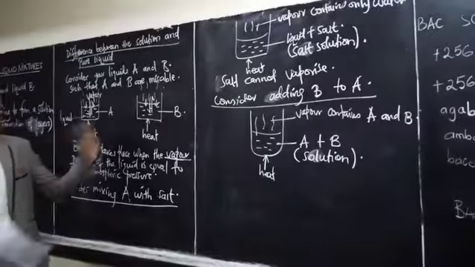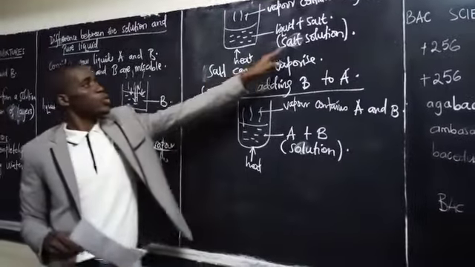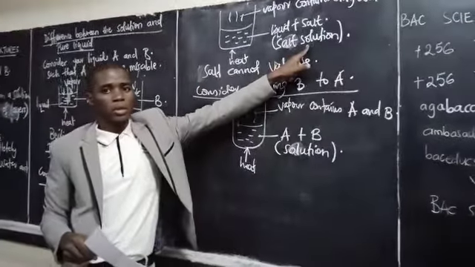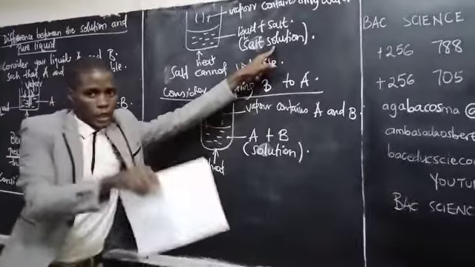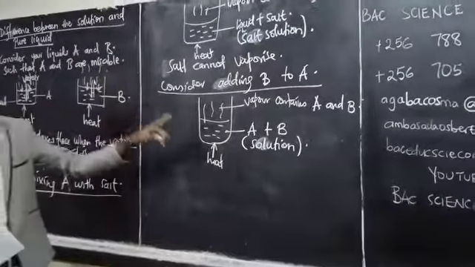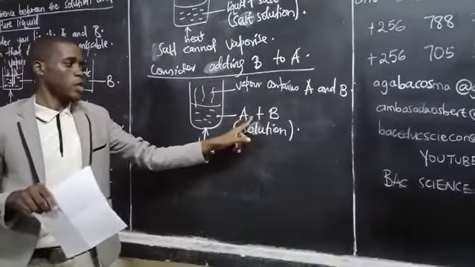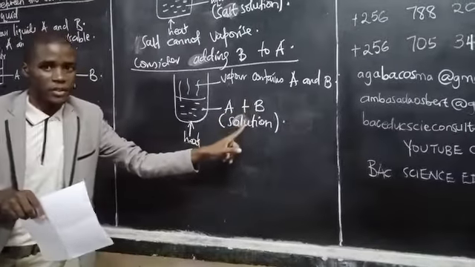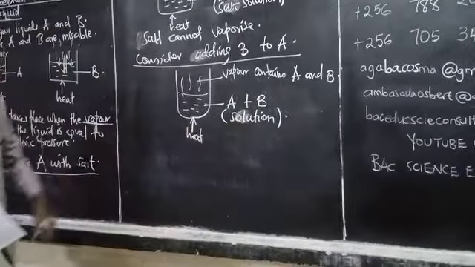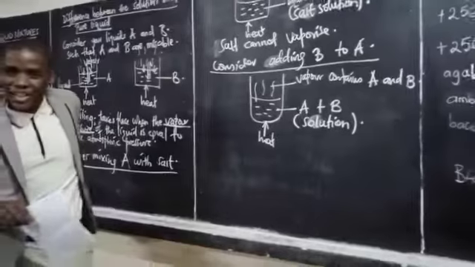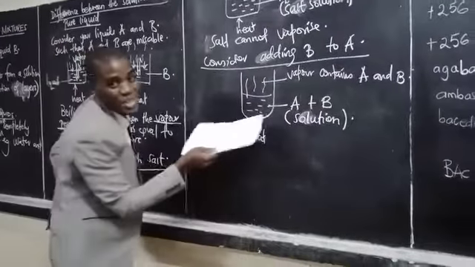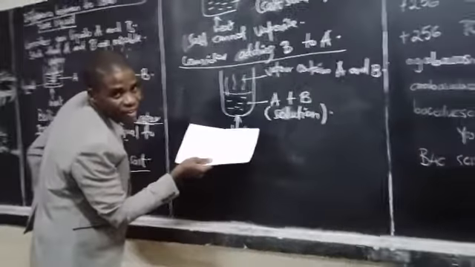That is the only difference between a solution made by dissolving a solid in a liquid and a solution made by dissolving two liquids. Let me hope you have found that the liquids you have chosen are miscible.